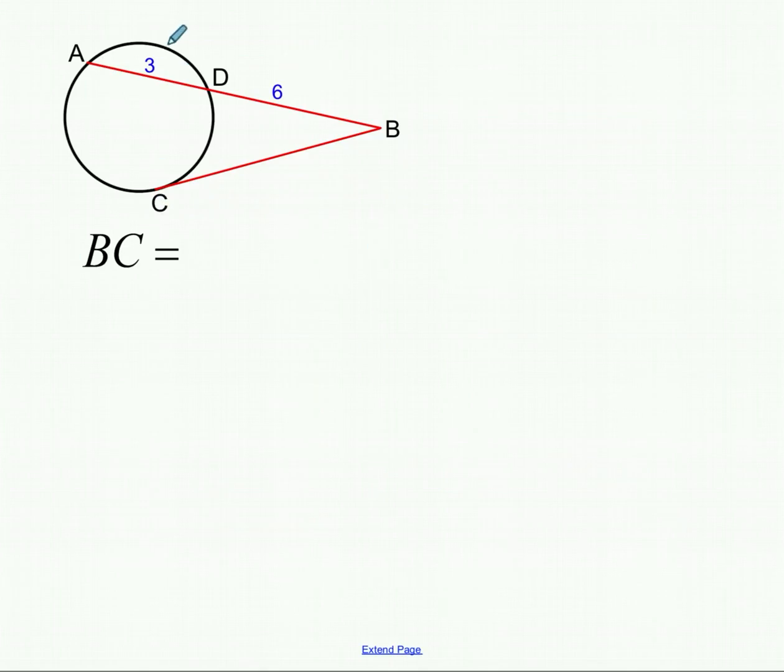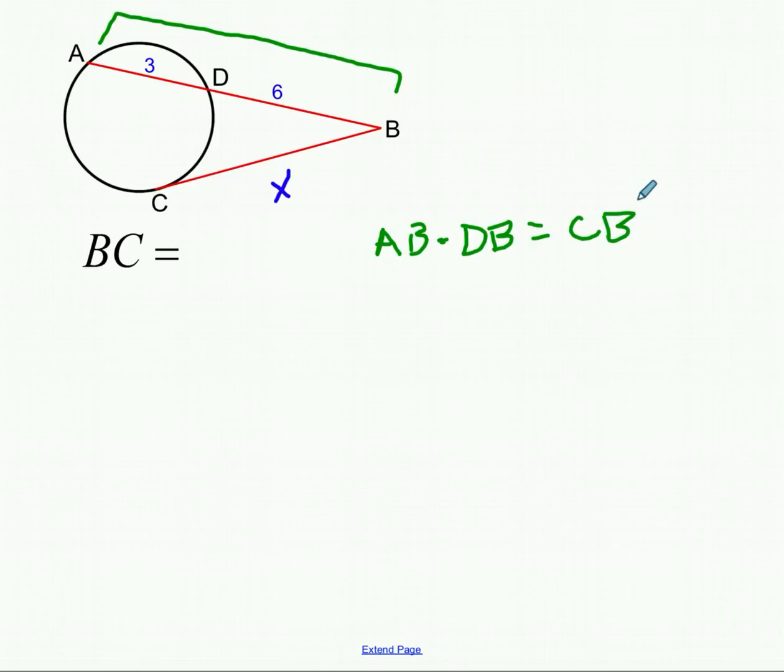So here we have a secant segment and a tangent segment, and it's asking us to find the length of CB, which is our tangent segment. We don't know CB, so we're going to use a variable in its place. And what we know is that the length of the secant segment, which is AB, times its external segment, which is DB, will equal the length of the tangent segment, which is CB squared, or BC.